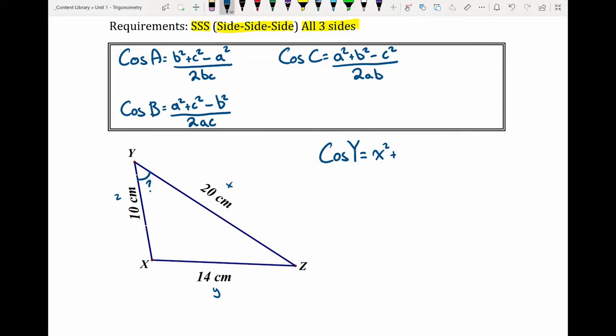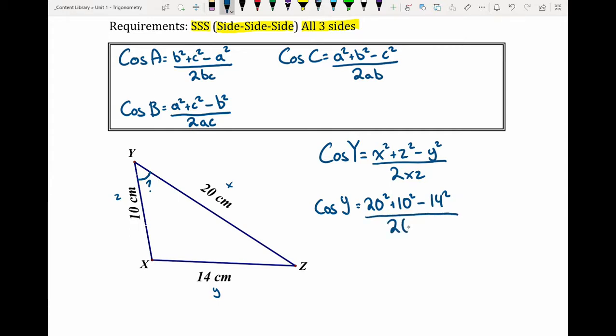X squared plus z squared minus, now the side that's paired up with that angle, that would be y squared, divided by 2 times x times z. And now we're going to plug in our information. So cosine y, we still don't know. X squared is 20, so 20 squared plus 10 squared minus 14 squared, divided by 2 times 20 times 10.